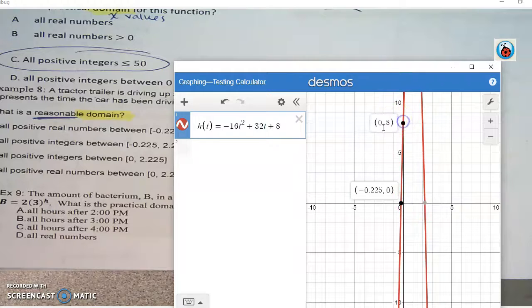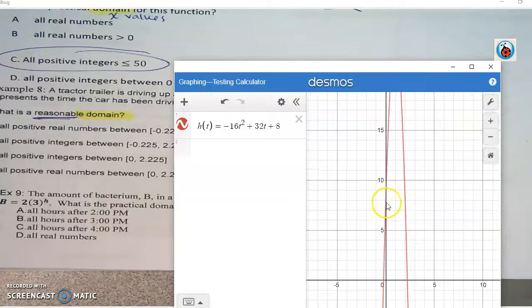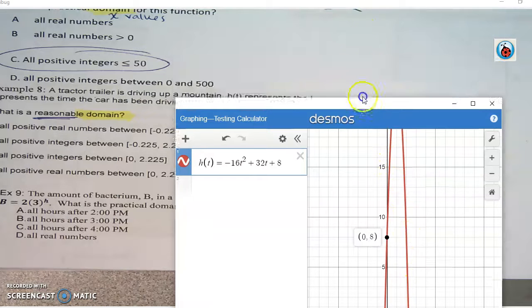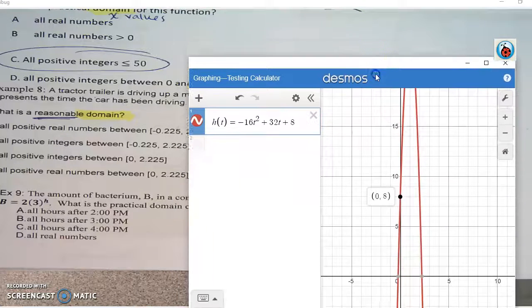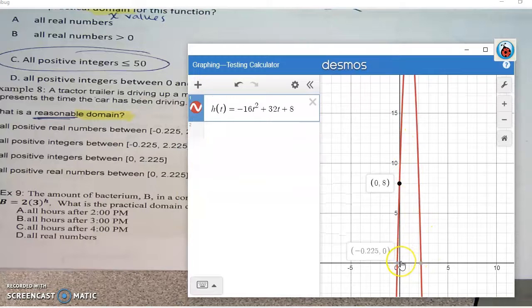So the tractor trailer actually started here, and it's driving up the mountain, and then it's going to come down the mountain. So the time would start at 0, you can't have negative, and then it would go to 2.225.